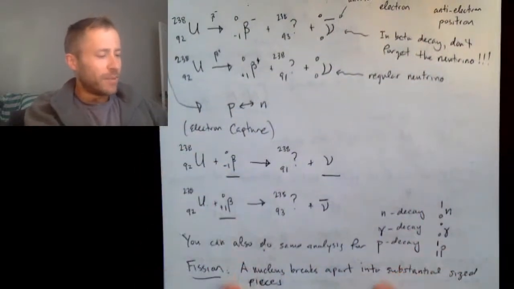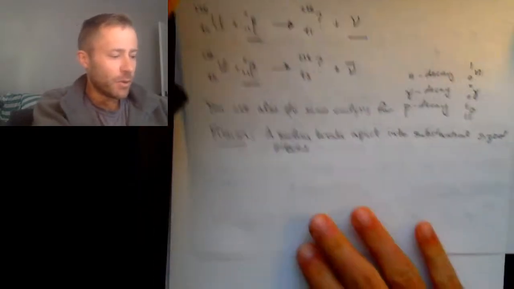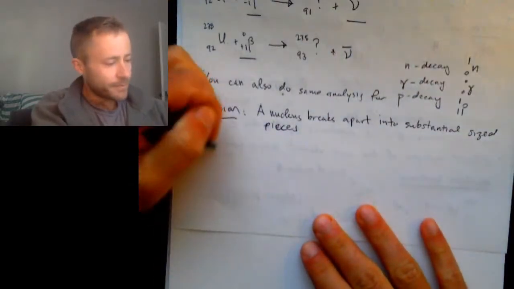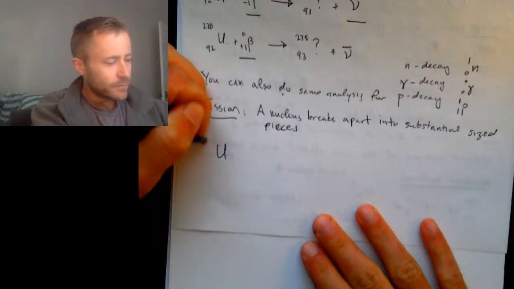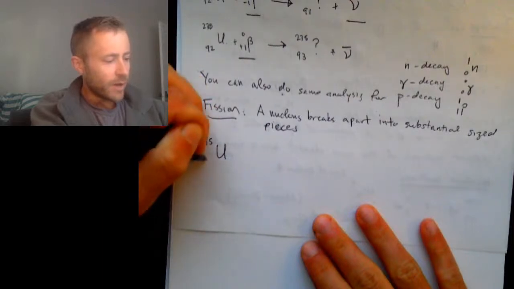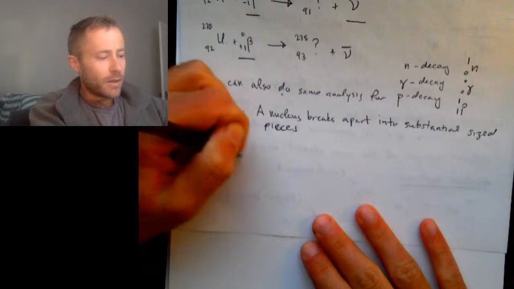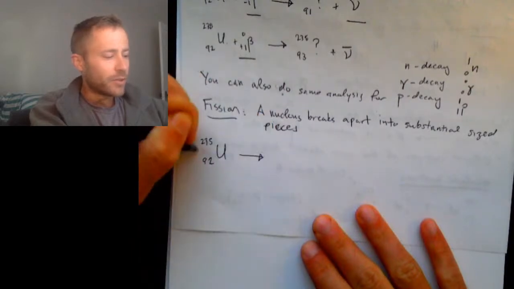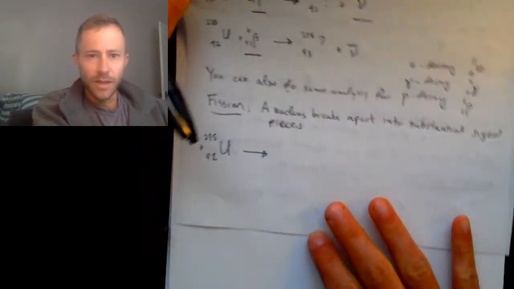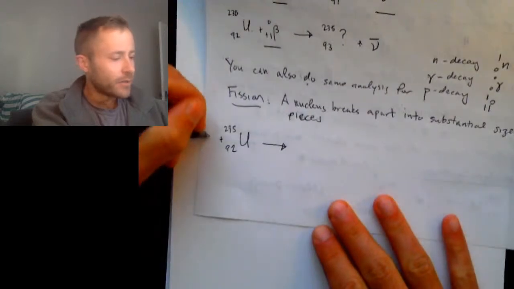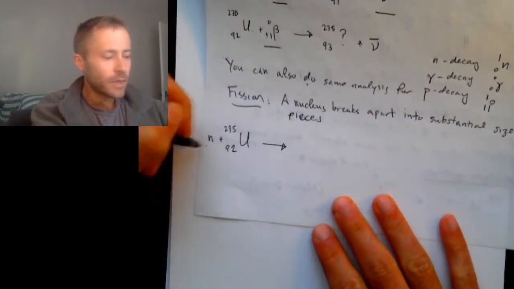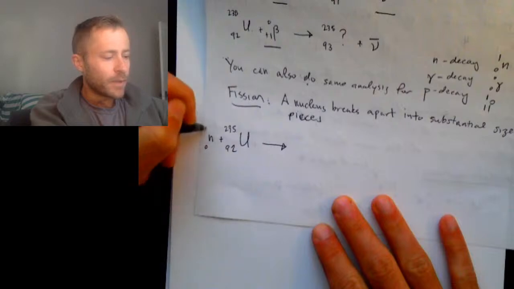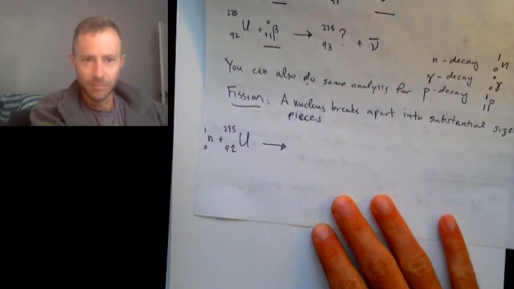So the most famous example is uranium-235, 92. And basically it needs a neutron to help it. A neutron will help it decay. All right.